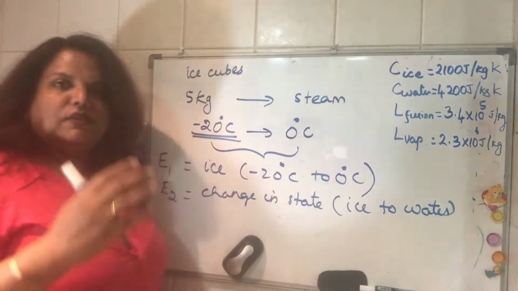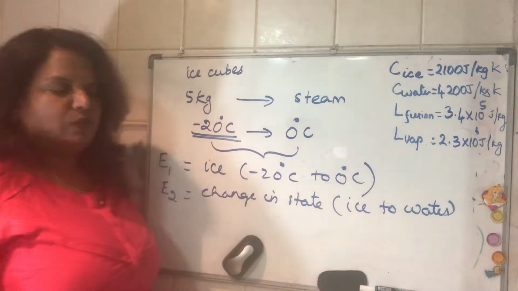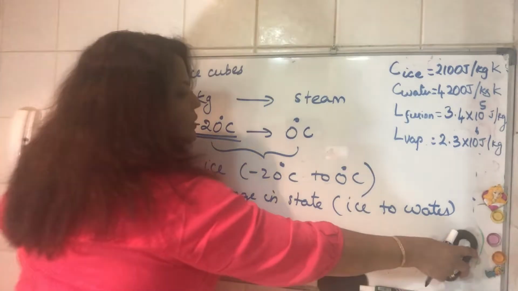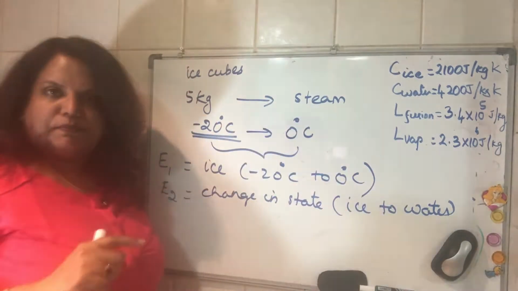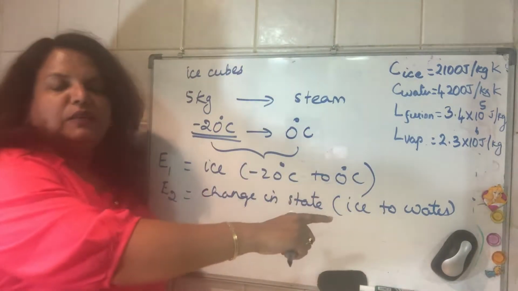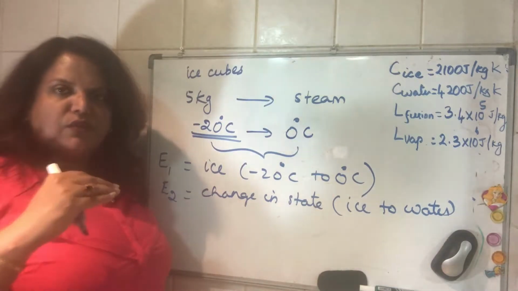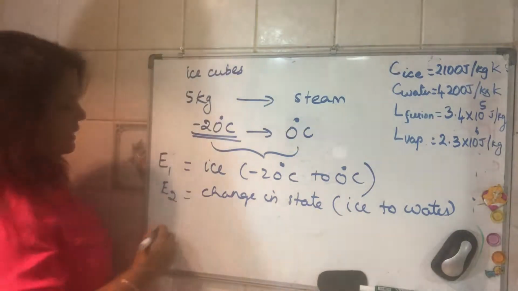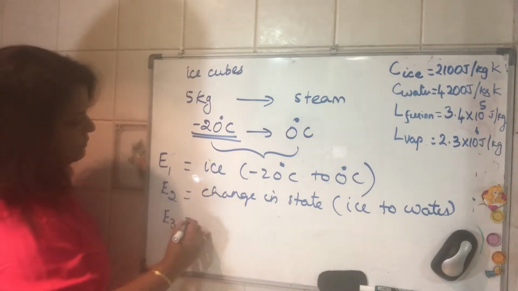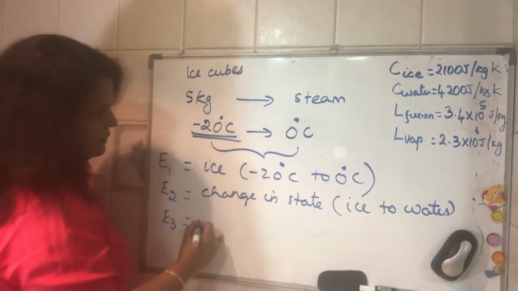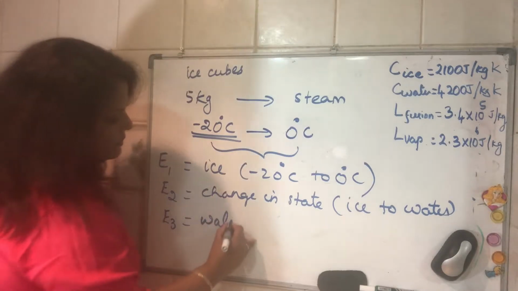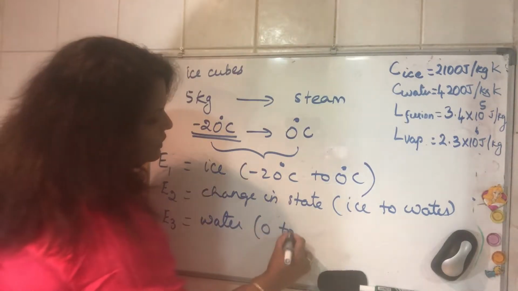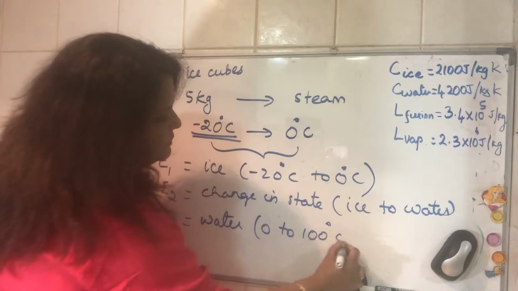After all of it has been converted to water, what should happen? Because you want to convert it to steam, and it is now in the liquid state, the liquid from 0 degrees Celsius has to reach the boiling point. So there is an increase in temperature there, from 0 to 100 degrees Celsius.